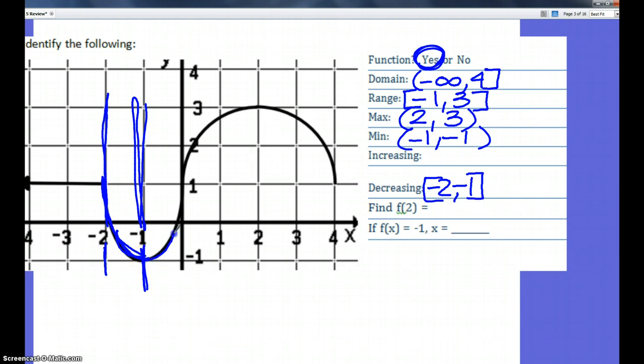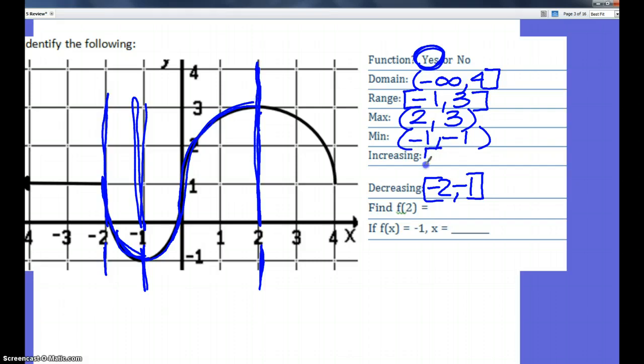As you keep going up, up, up, until we get to the very top here. And at the very top is when it starts going back down again. So from -1 all the way through there, it was increasing. You can slide your pencil across the page and notice it is going up.